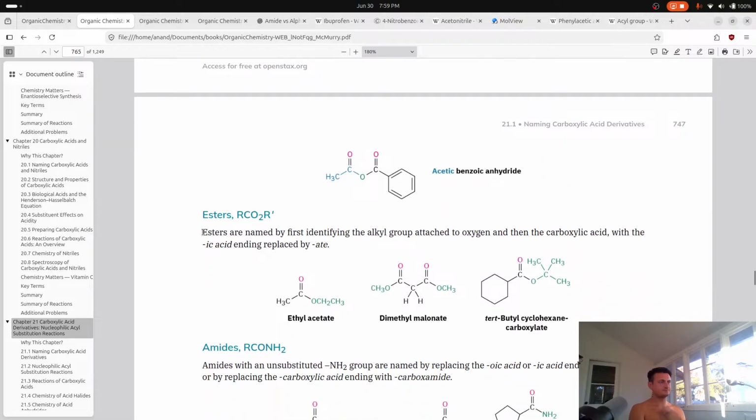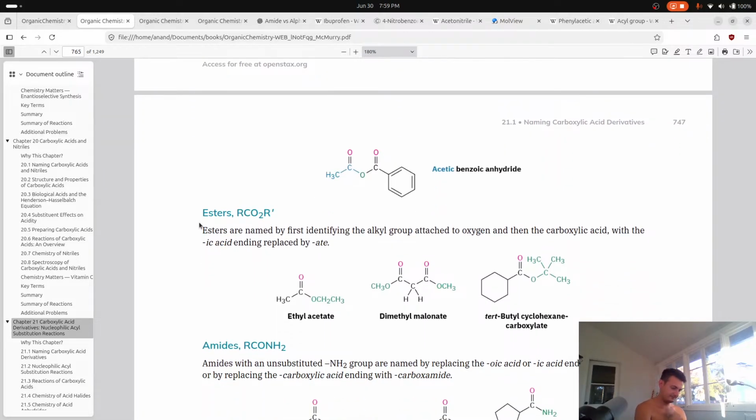All right, here we go. Esters. Esters are named by first identifying the alkyl group attached to oxygen and then the carboxylic acid, with the -ic acid ending replaced by -ate. So -oic acid goes to -ate.